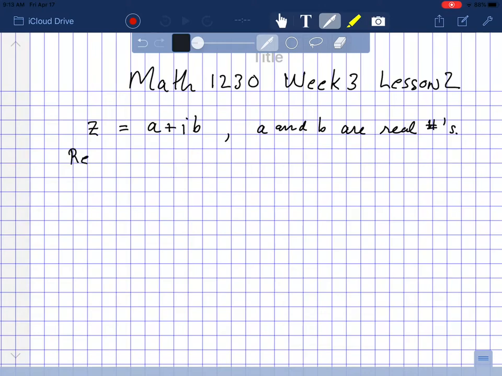Recall that the real part of z is equal to a, and the imaginary part of z is b, okay?